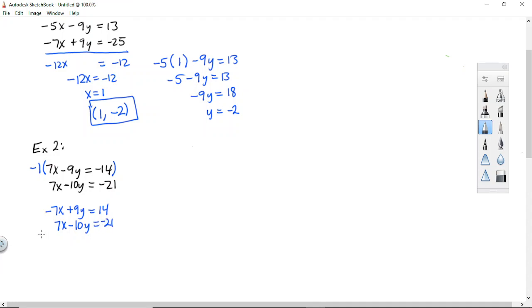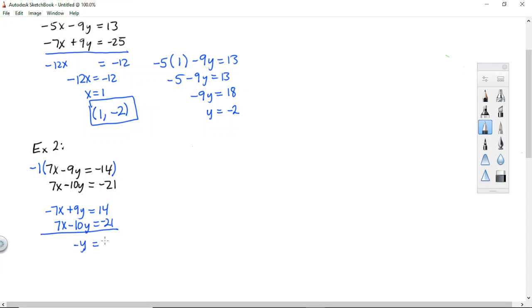Okay, so now we didn't do anything that's going to change the solution set of this system. So we're going to go ahead and add these together. -7x plus 7x, that's 0x, just like we planned. 9y plus -10y, that leaves -y.